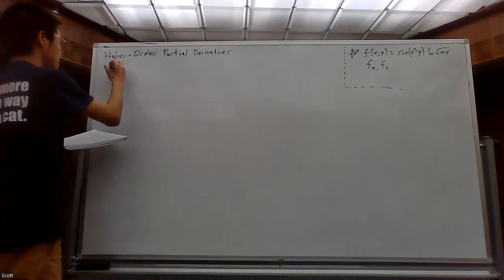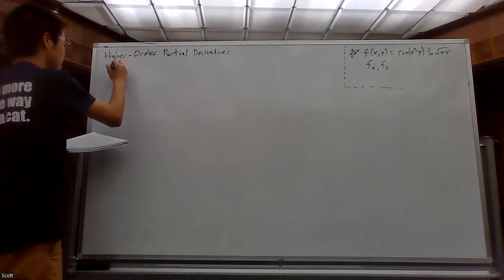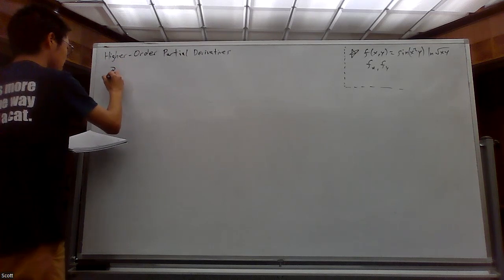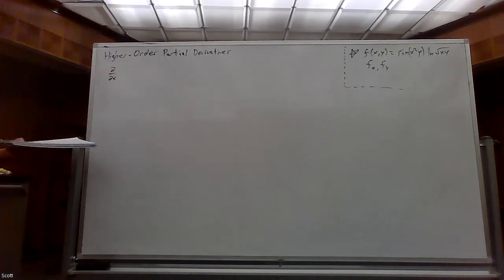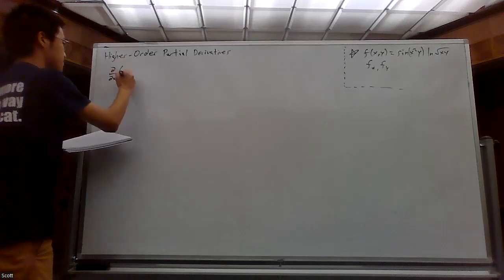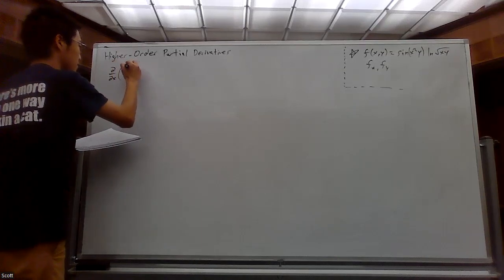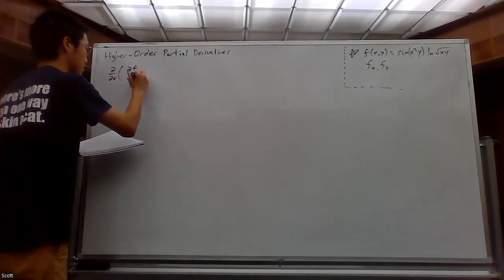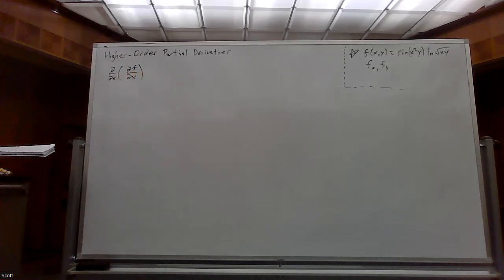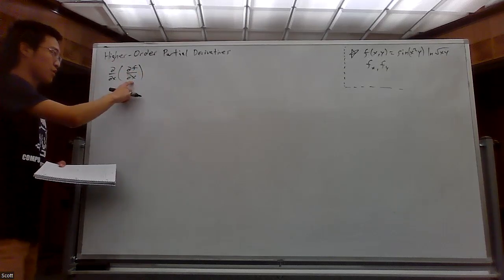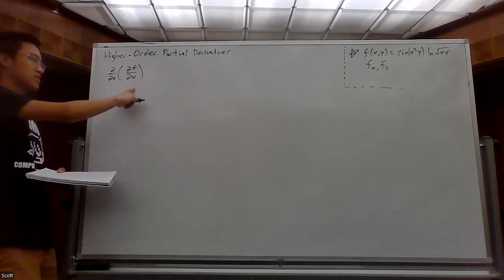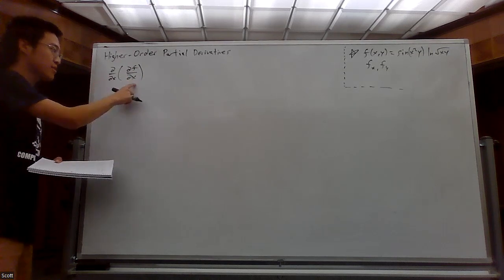So here's the notation that you might see. In my opinion, this is the ugly version. It's where you're going to differentiate partially with x the partial derivative of your function that's already been differentiated with respect to x. So you have your partial with respect to x, but then that's what you're differentiating again. It's like doing x twice.